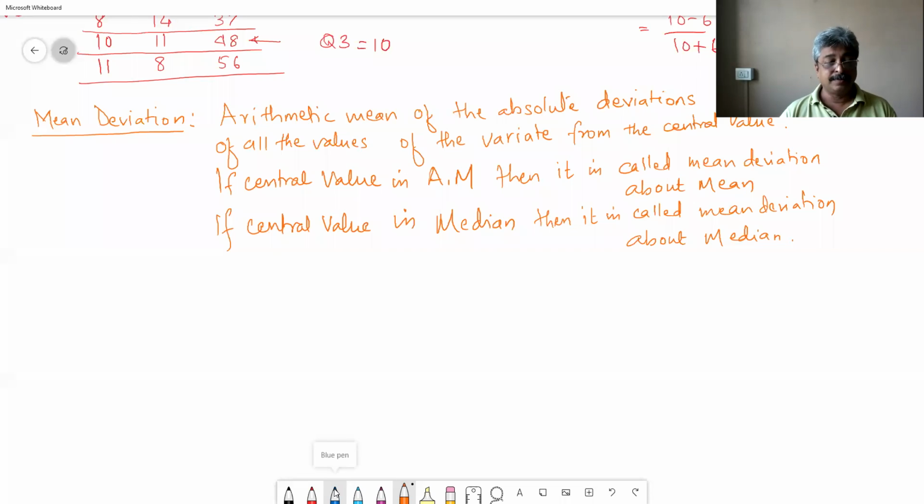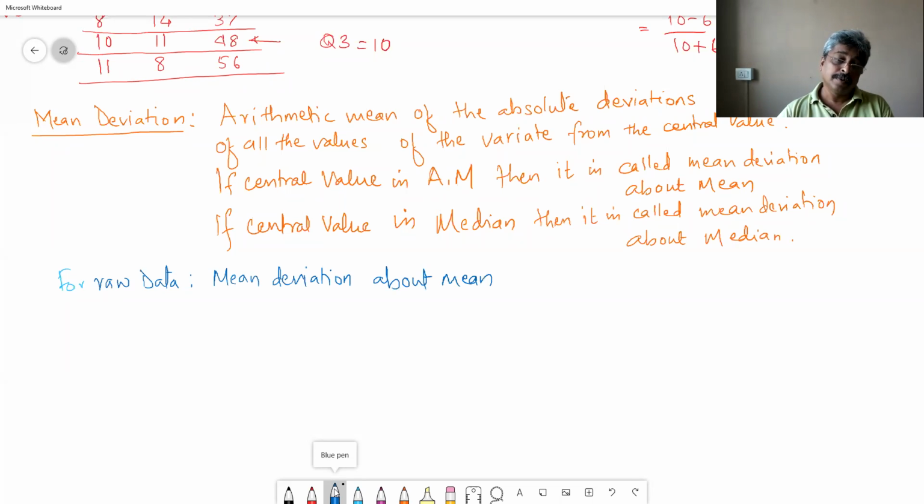If it is raw data, mean deviation about mean, denoted by x bar, is sigma i goes from 1 to n of the absolute value of xi minus x bar, divided by n.